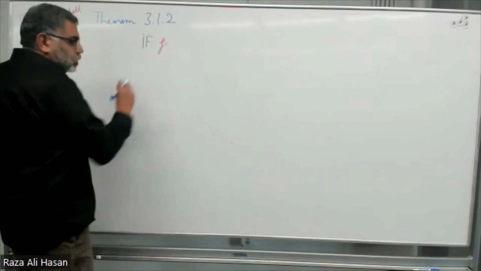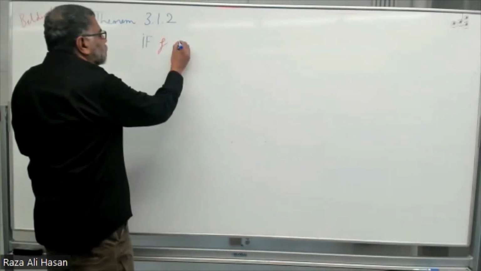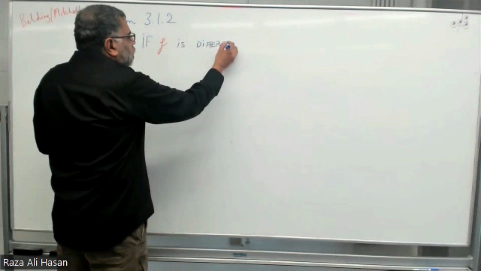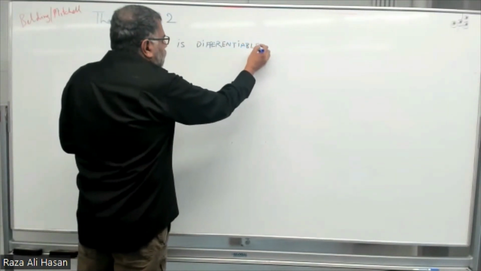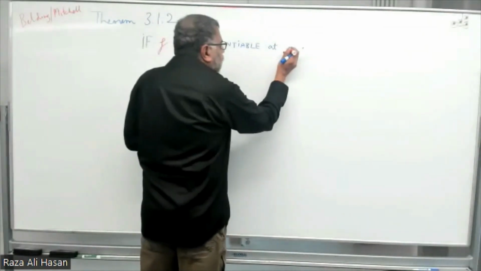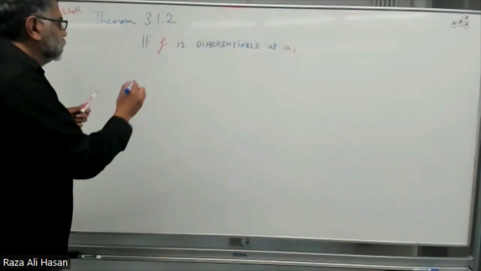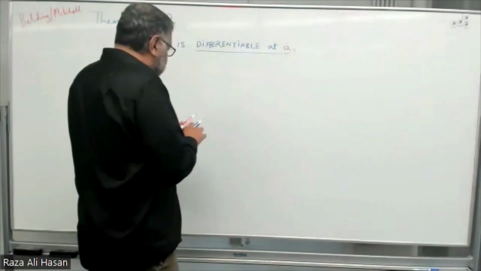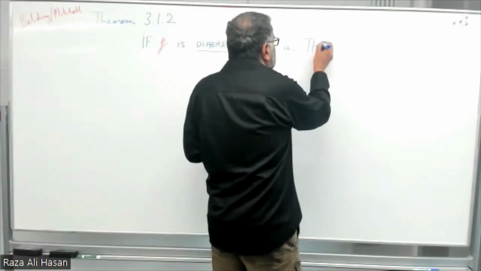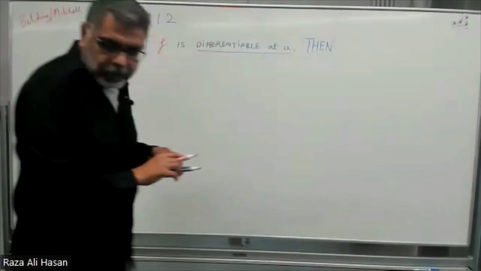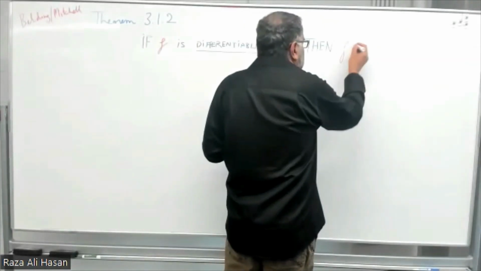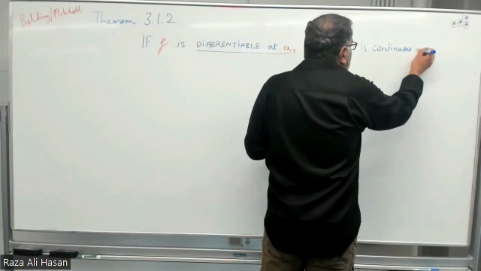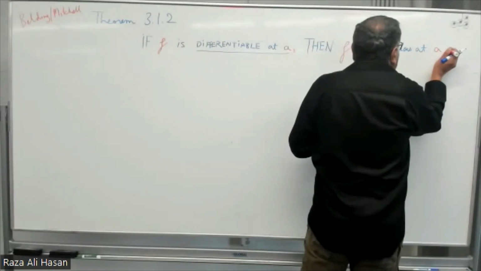If f is differentiable at a point A, right? Then f is continuous at that point A.